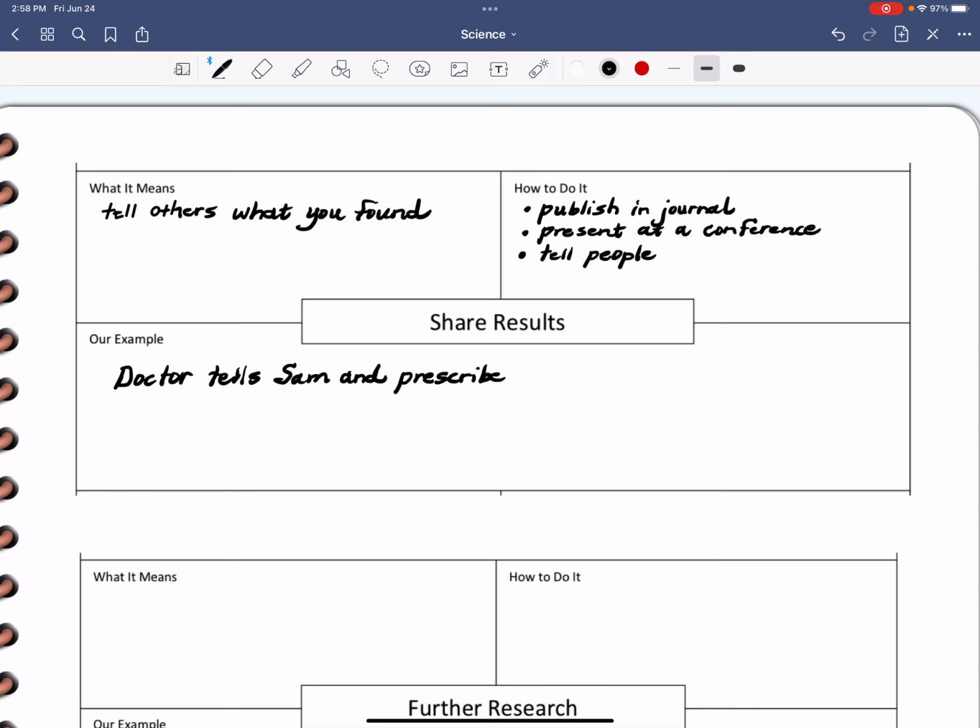And that treatment could be another test. It could be asking more questions and then prescribing medicine. It could be anything that the doctor feels is the appropriate course of action.